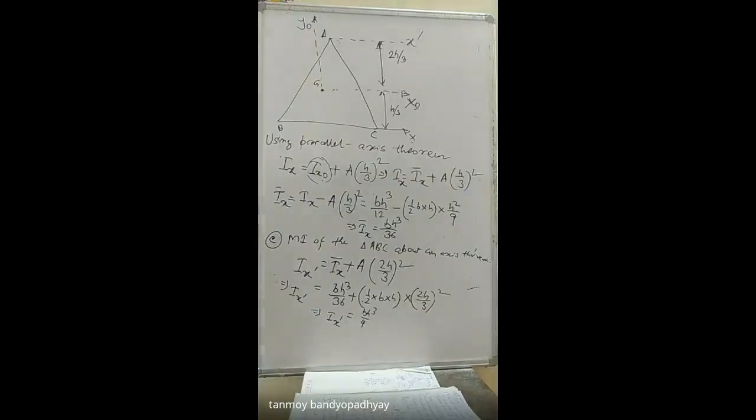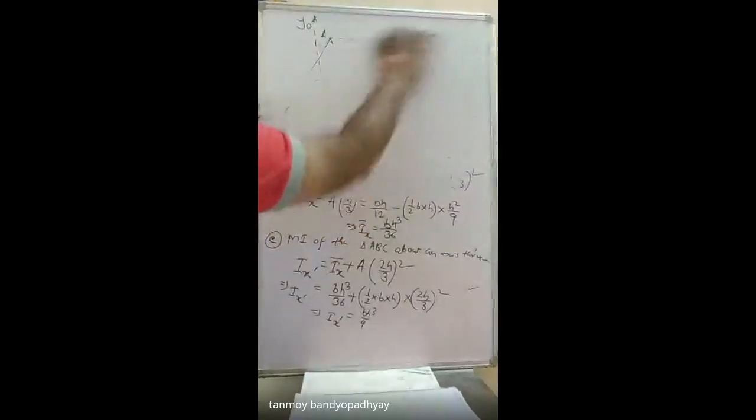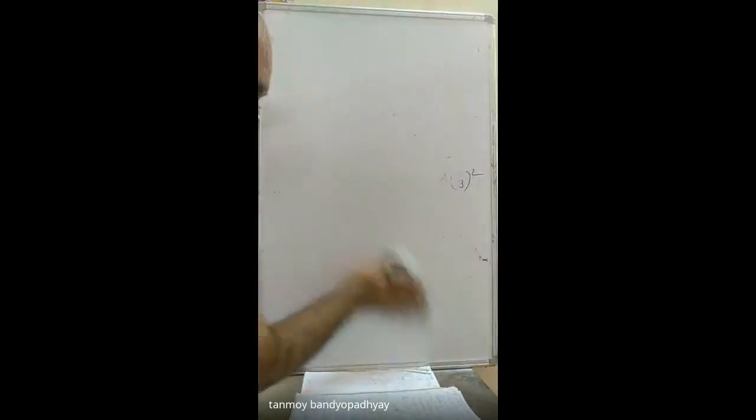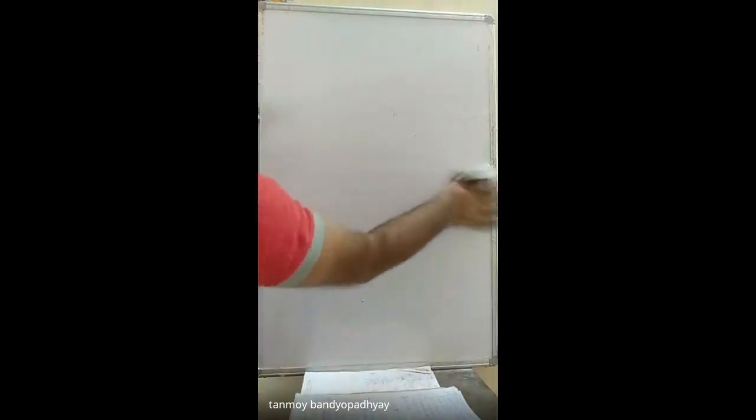Okay. So the next case that we'll be doing is for a circle. ঠিক আছে? So we'll be doing one generalized method.